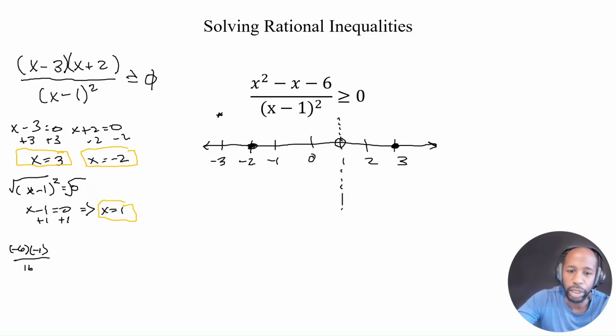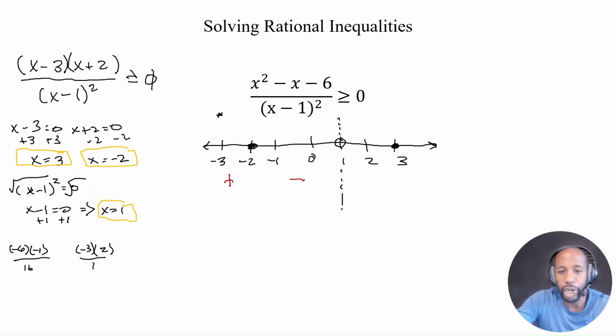This is going to be positive right here. Okay. And so now we're going to test 0, which is in between negative 2 and the asymptote at 1. So 0 minus 3 is negative 3. 0 plus 2 is 2. 0 minus 1 is negative 1 squared is 1. So this is negative in this region.